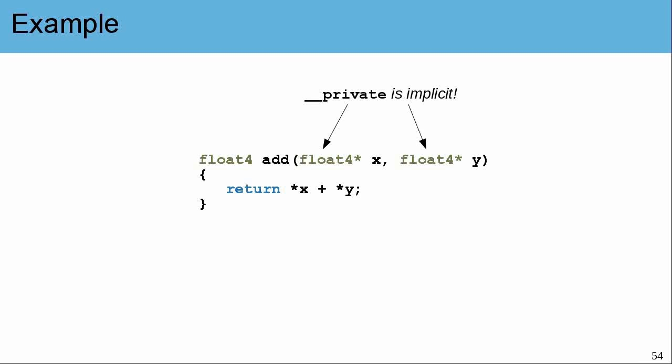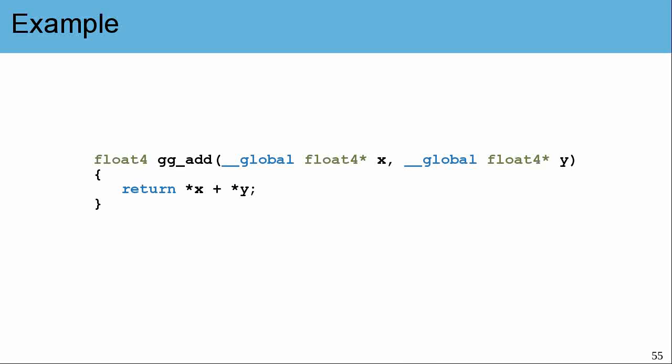So we actually have an add function that is adding 2 private floats, and we have to add another function if we want to add 2 global floats. So bear in mind that the memory region is part of the signature. This can make it a little bit difficult or very annoying, to say the least, if you're writing code that has to handle different memory regions in the same way, just taking pointers as arguments. So be aware of that.